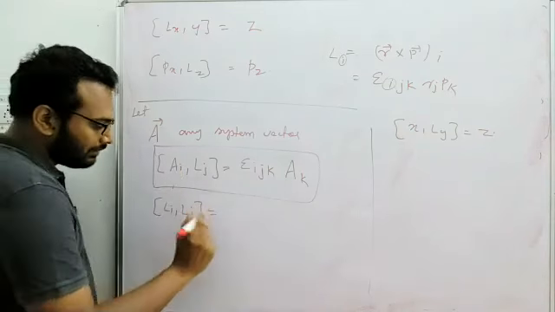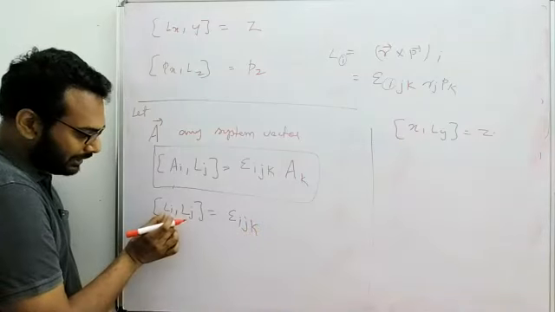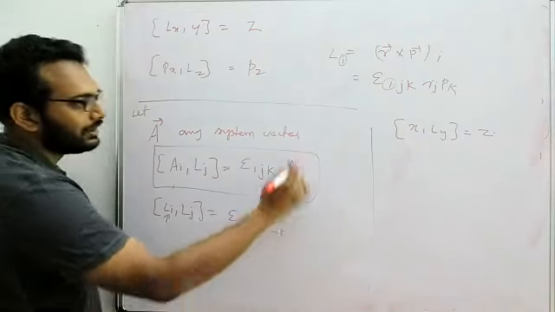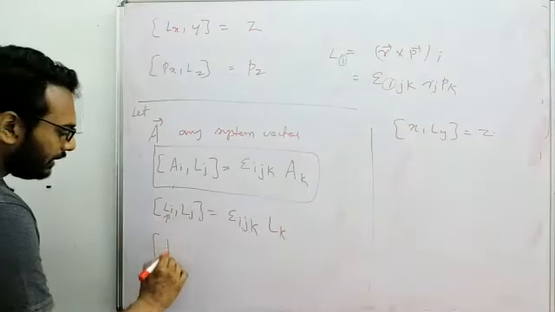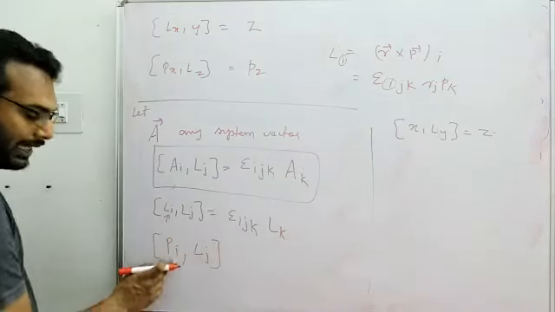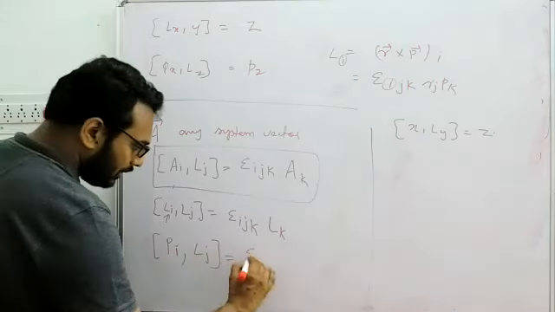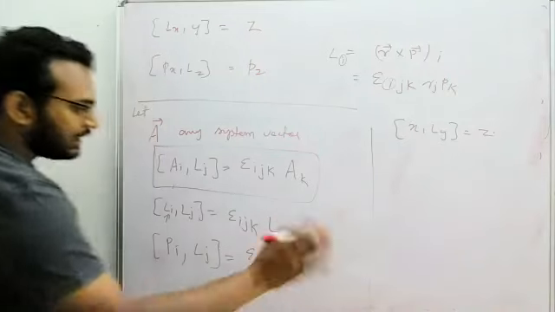So it is epsilon ijk, and the kth component of this vector, Lk. This result we already had. Similarly, if you have pi with Lj, again p is a vector, so this is equal to epsilon ijk pk. This result always holds.